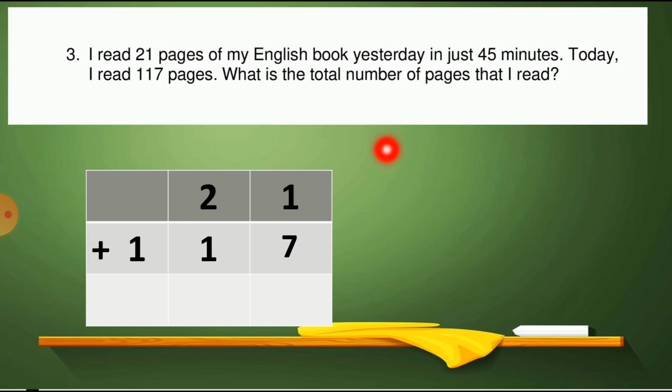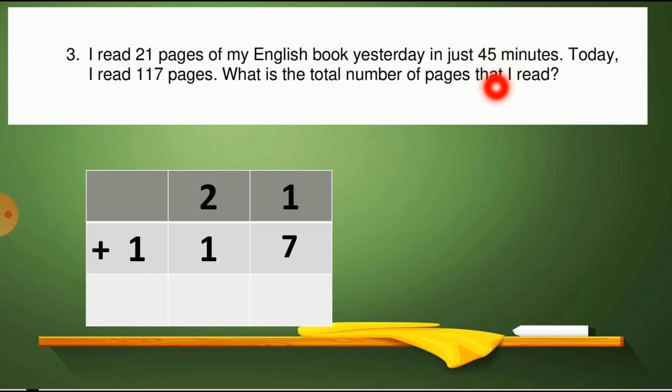Here is one more. Students, I read 21 pages of my English book yesterday in just 45 minutes. I repeat, I read 21 pages of my English book yesterday in just 45 minutes. Today I read 117 pages. What is the total number of pages that I read? Here we found three numbers: 21, 45 and 117. But if you notice, 45 is the time, the duration she took to read.